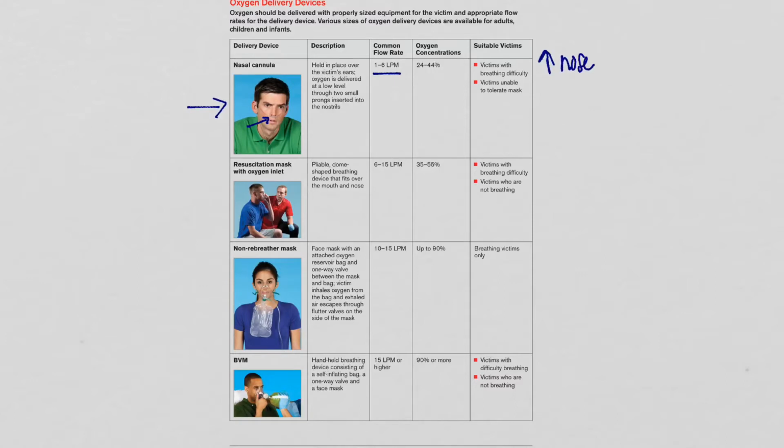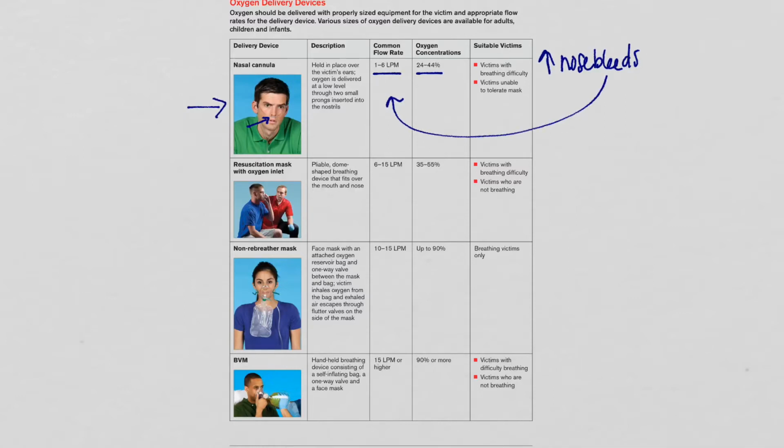So the biggest thing is that we have to stick to this common flow rate. If we go above this common flow rate, then the risk of creating a nosebleed is really, really high for our patients. And then what we know about the nasal cannula is it has the ability to deliver about 24 to 44% of oxygen to our patients.